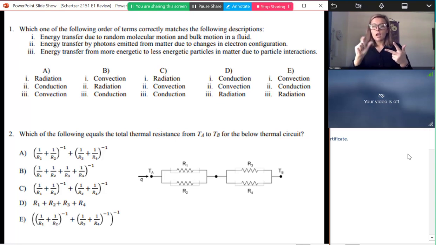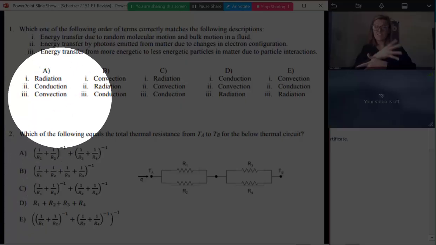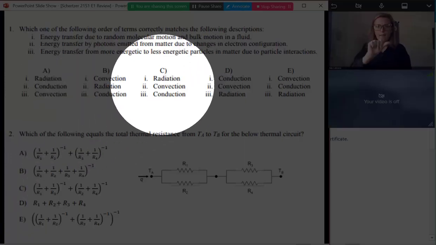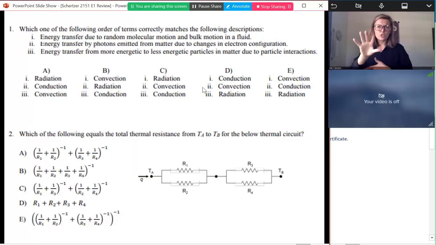So here I look at letter I, and that's because it's talking about random molecular motion and bulk fluid motion, that's convection. So I know right away I can eliminate option A, option C, and option D because they don't start with convection.